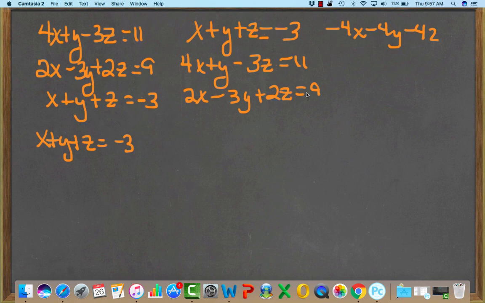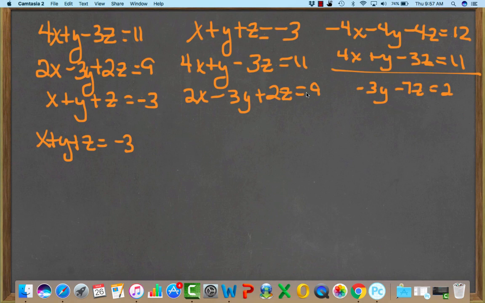And 4x plus y minus 3z is going to equal 11. If I add those two together, I'm going to get negative 3y minus 7z equals 23. So there's my second equation now. That was row 1 and row 2. Now I'm going to do row 1 and row 3.